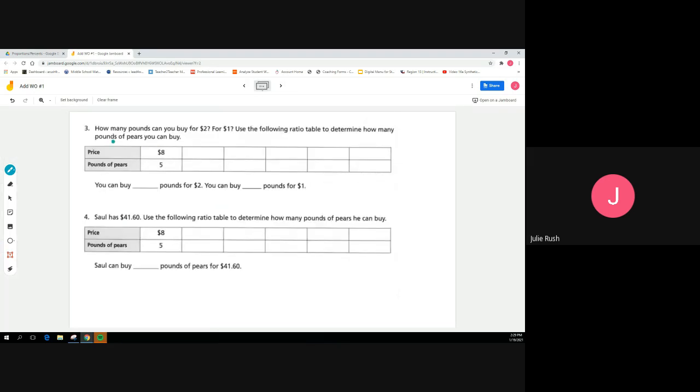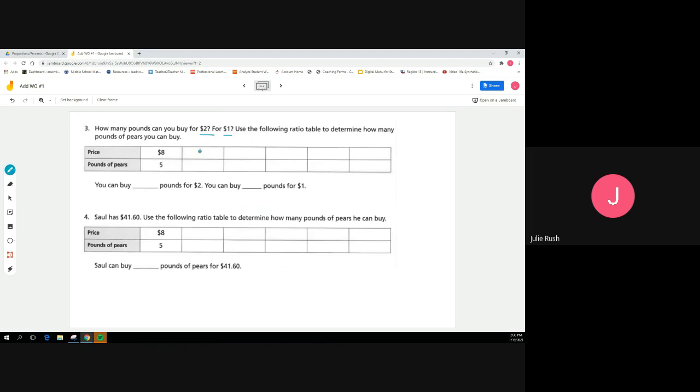3 pounds. How many pounds can you buy for 2 and for 1 dollar? Use the following ratio table to determine how many pounds of pears you can buy. So now we want the price to be 2 and 1. That means I'm changing this column here. I'm less concerned about pounds and more concerned about the money.